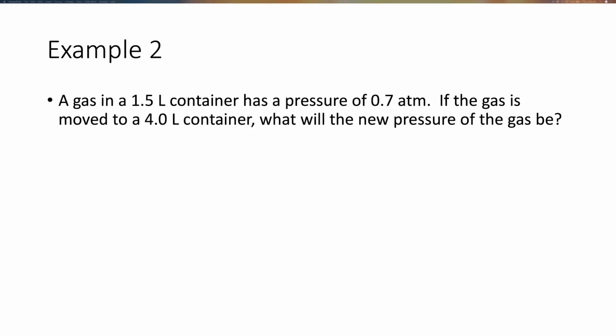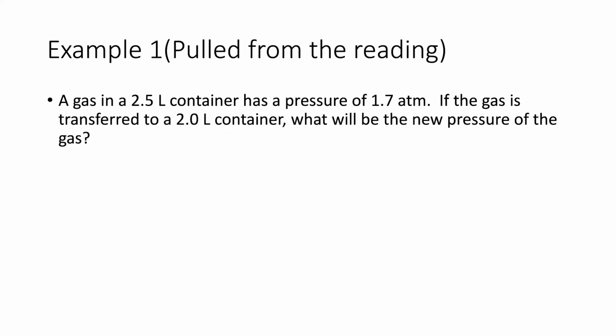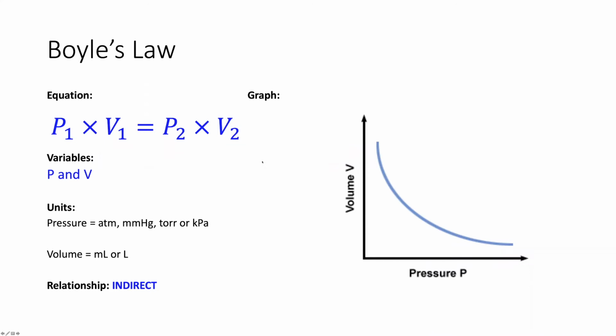We have a gas in a 1.5 liter container, and it has a pressure of 0.7 atmospheres. The question is this: if it's moved to a bigger container, what will the new pressure of the gas be? Now, let me go back to this part right here. I told you guys that these 2 variables have an indirect relationship, meaning if P were to increase, V would decrease and vice versa.